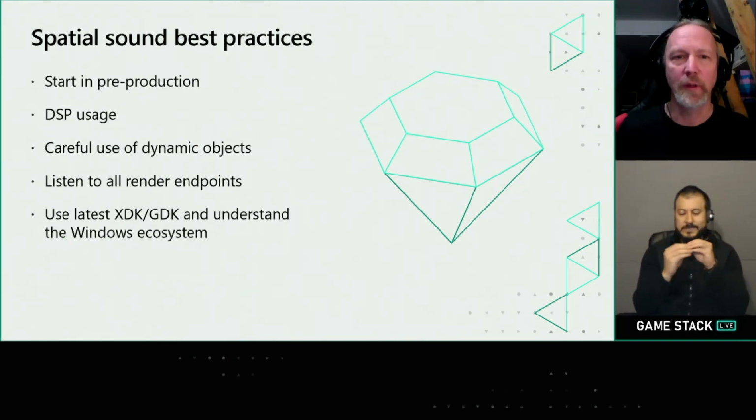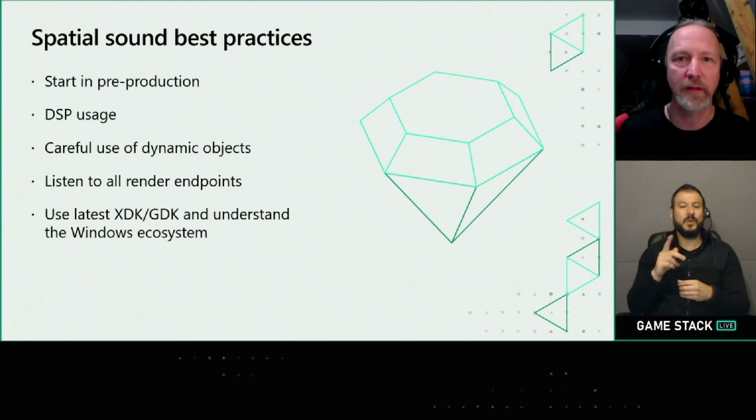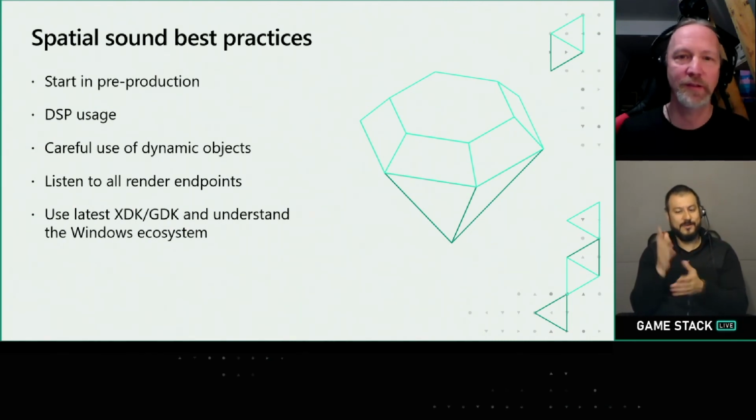So if you're on the latest GDK, you're guaranteed that you'll have all of the fixes that have gone into the system previously. With Windows, it's a little bit different.